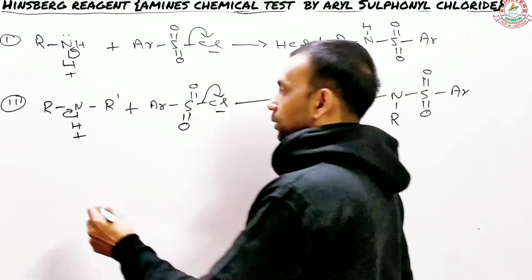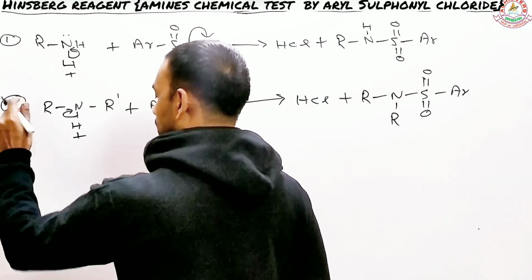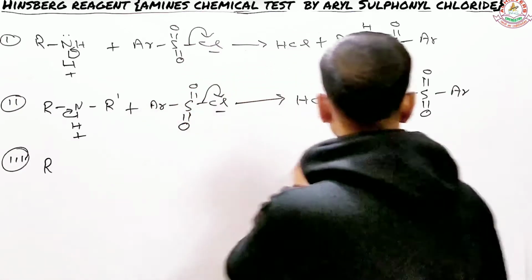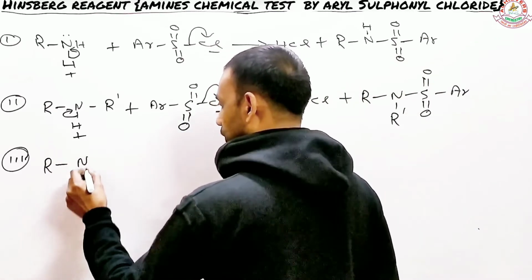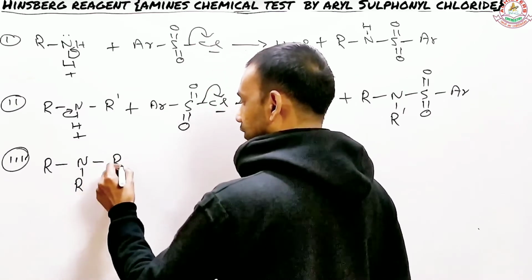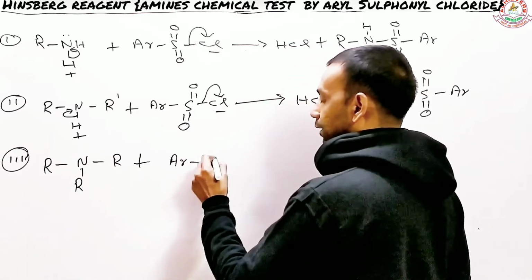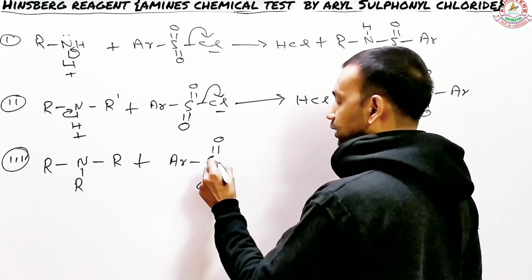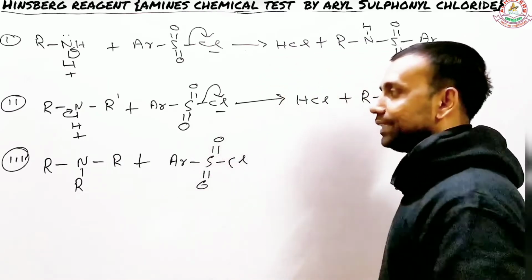Now let's see what the 3 degree amine is about. So this is your third one. You have to take a 3 degree amine. I'm not changing the R here, I'm just taking the same. When this reacts with aryl sulfonyl chloride, with sulfur double bond oxygen and a chlorine, what will happen?